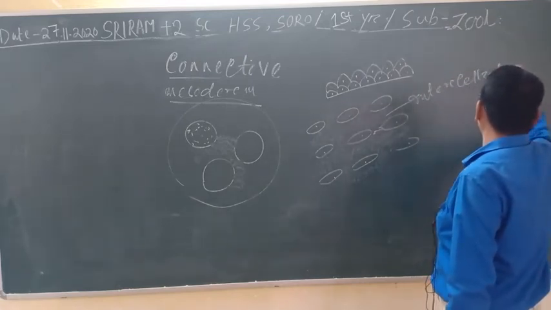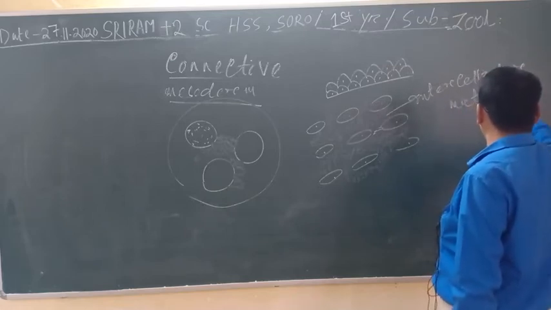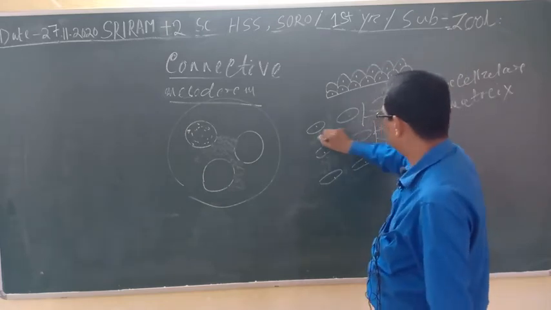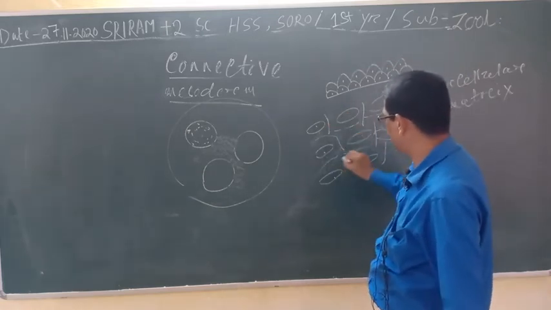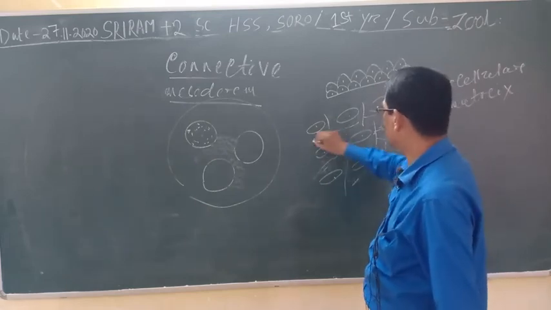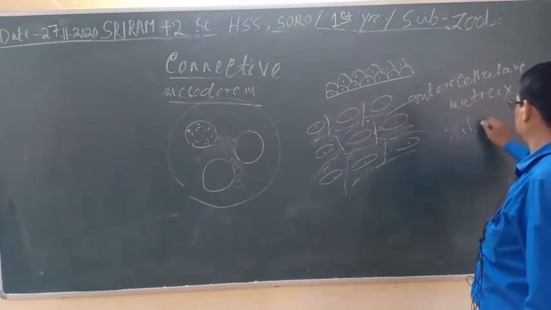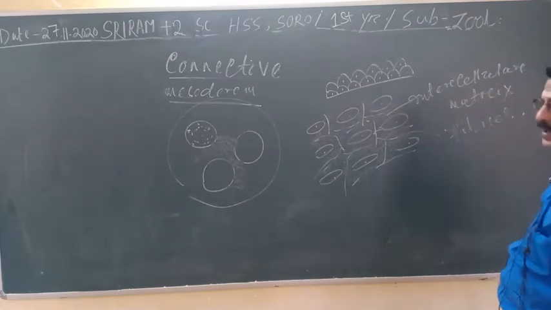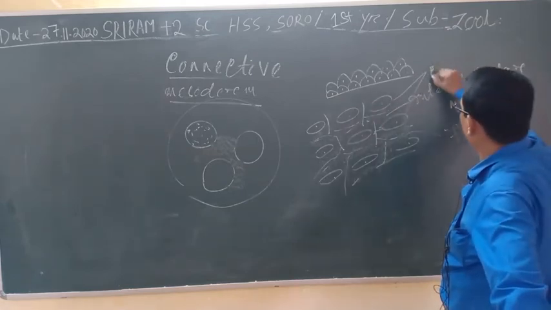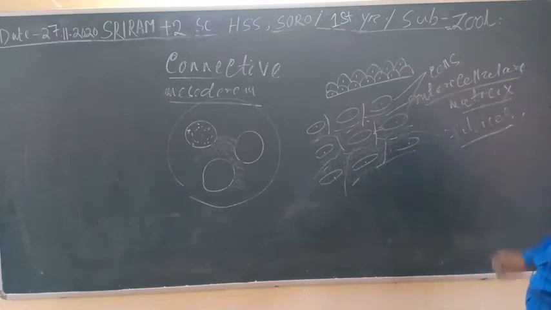That matrix also contains some fibers, which are net-like structures. Clear? These are called fibers. These are the cells, these are the intercellular matrix, and this is the fibers.